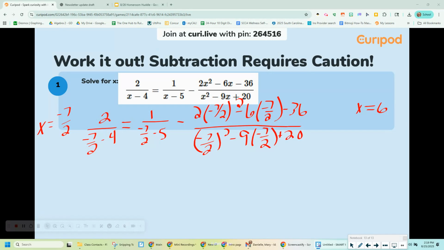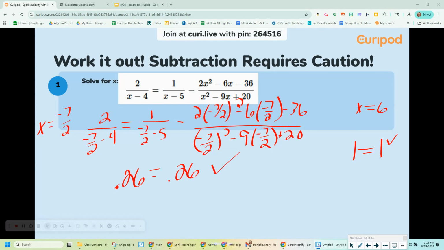Now, you can bring in Desmos to do this calculator work for you. I would highly suggest that you do that. What you're going to get here is 1 equals 1, so that is going to be true. When you substitute in 6, you're going to get 1 equals 1. When you substitute in negative 7 over 2, you're going to get 0.26 equals 0.26.